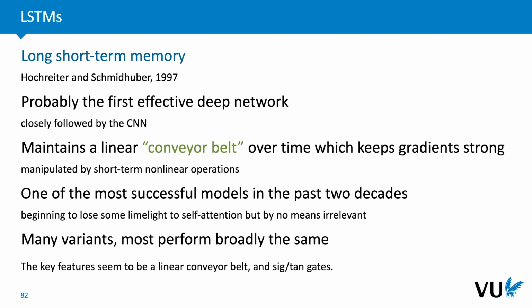And there are many variants around, like peephole LSTMs or GRUs, but most of them perform broadly the same. And the key features to that performance seem to be this linear conveyor belt that allows the gradients to look far back in time, and these gates built up from a combination of sigmoid activated feed-forward layers and tanh activated feed-forward layers.